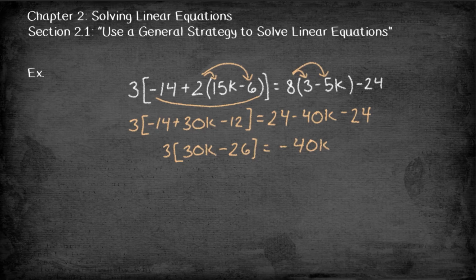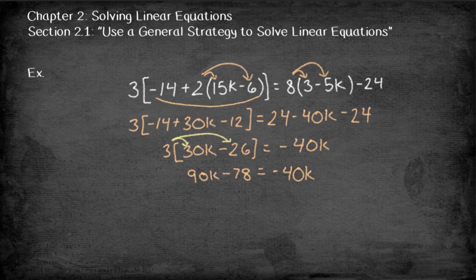Now I have to distribute again. Gives me 90k. 3 times negative 26 gives me negative 78. And on the right-hand side, I have negative 40k.